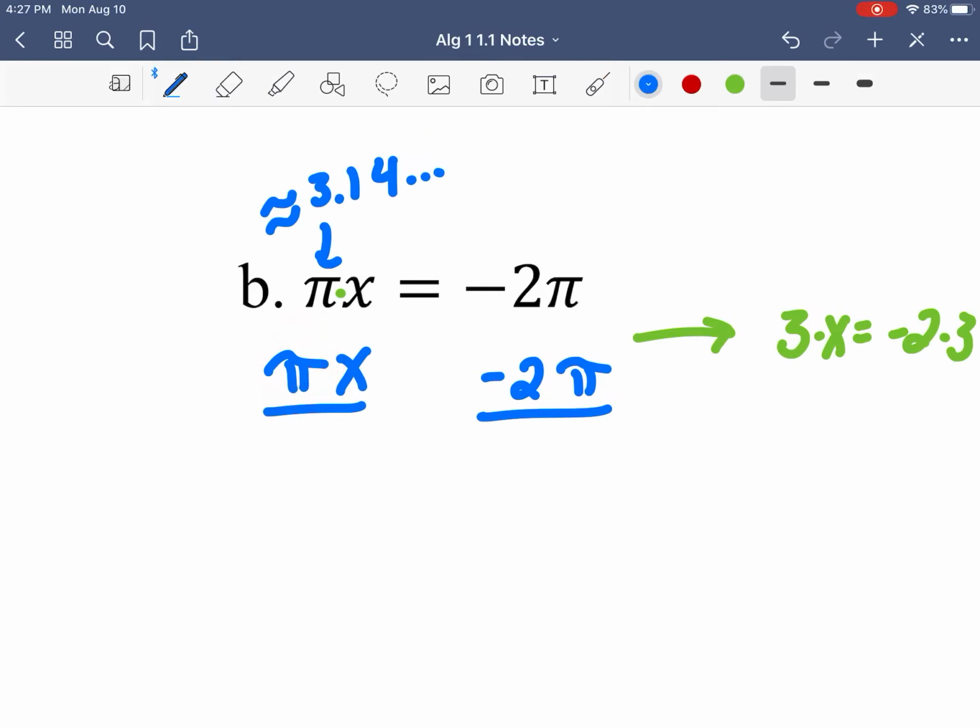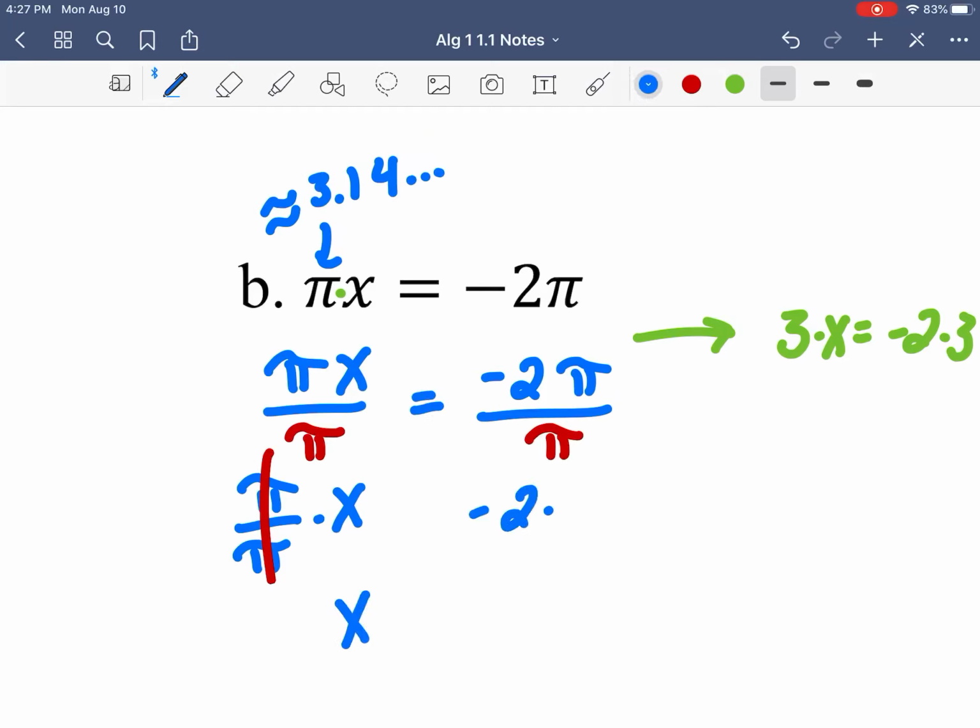So we divide both sides by pi. Pi divided by pi is just 1. So on this side, I'm left with x equals. On this side, I've got negative 2 pi divided by pi, which is also a 1. So on that side, I have a negative 2. So x equals negative 2.